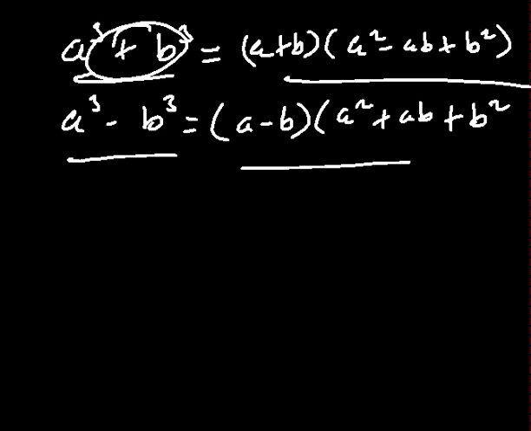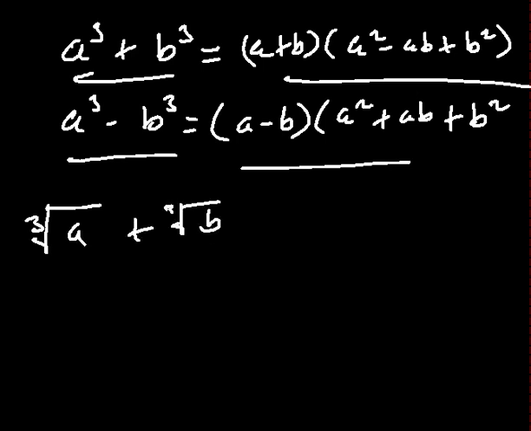And now let's say we have the cube root of a plus the cube root of b. You can clearly depict this as a sort of sum of two cubes.